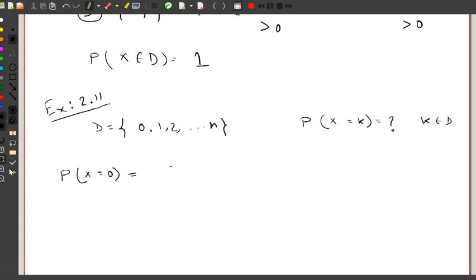So this probability is (1 minus p) to the power n, because 1 minus p is the probability of failure.